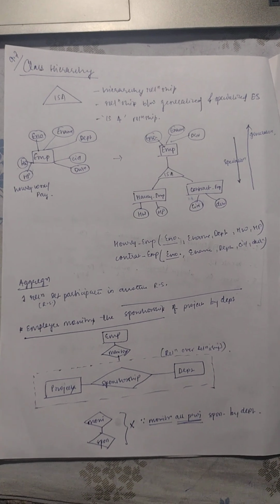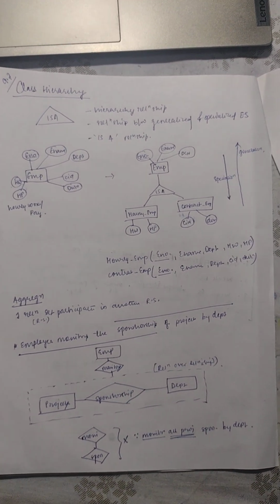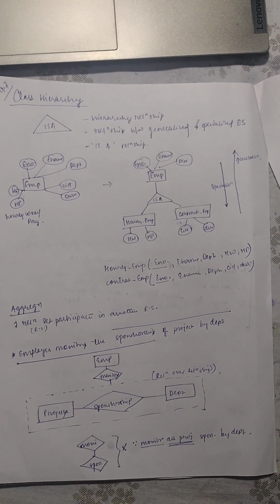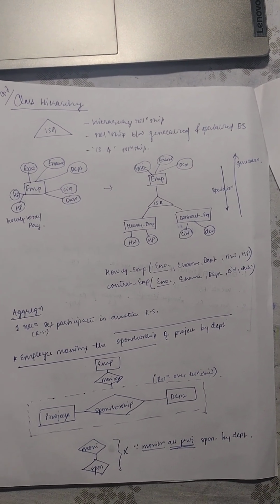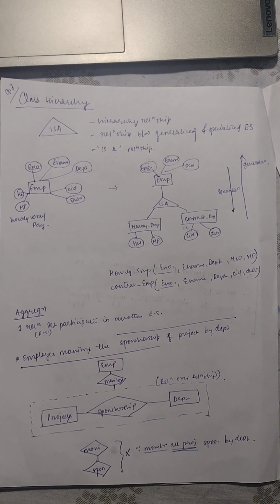So sponsorship and monitoring are there, but this monitoring is done over the total sponsorship of the project by the department. So we need to first have project sponsorship by department, and then we need to aggregate the employee monitor.